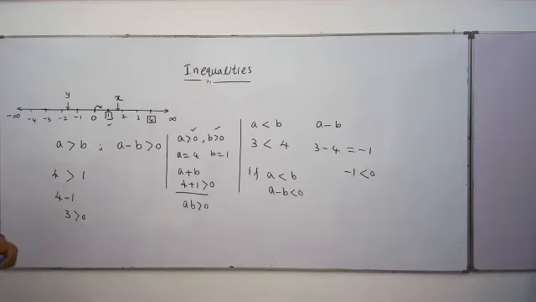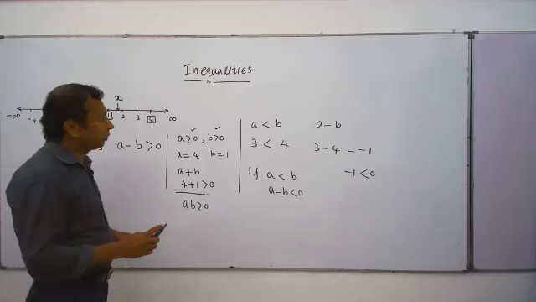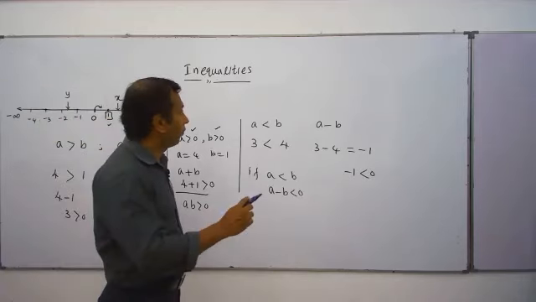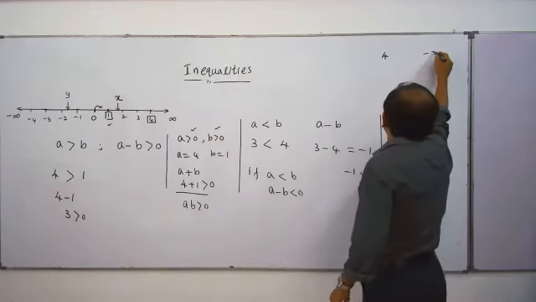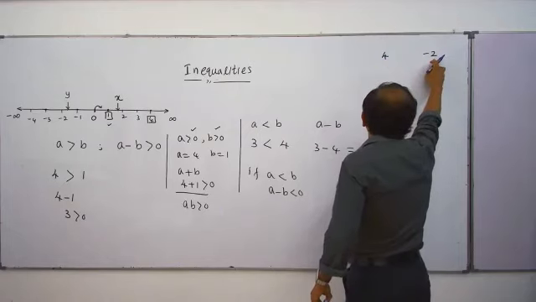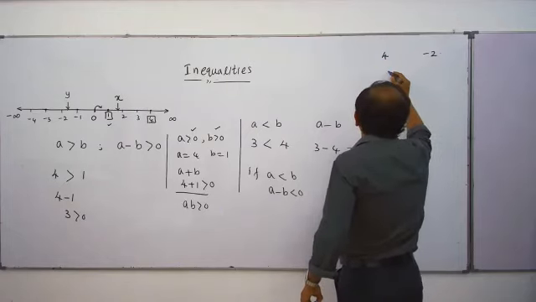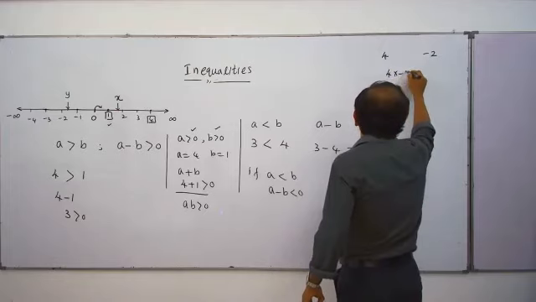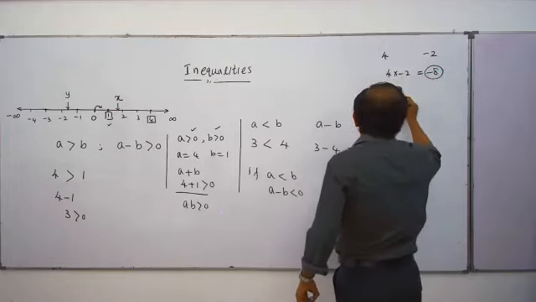Now, when we consider two real numbers, one is positive and the other one is negative. 4 is positive, minus 2 is negative. Then when I multiply 4 and minus 2, it is minus 8, no?